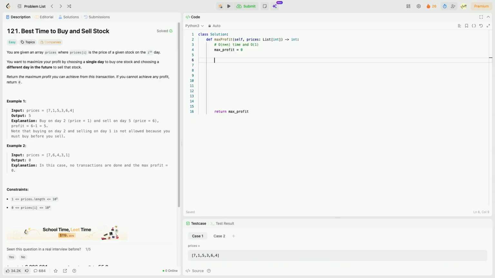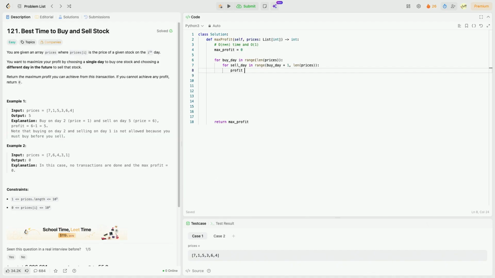So for buy day in range length prices, because that's how many days we have, and for sell day in range, well, if we sell on the same day we buy, profit is 0, so that's not really useful. So we're going to start selling from the day after the buy day, up to the length of the prices array.